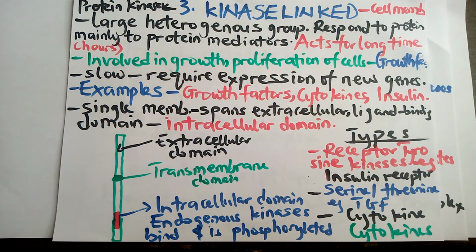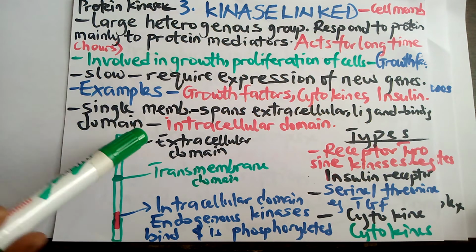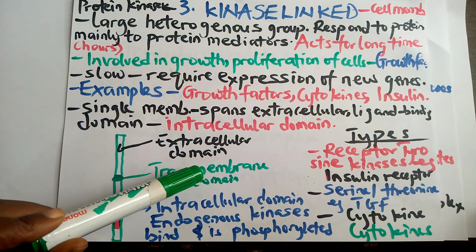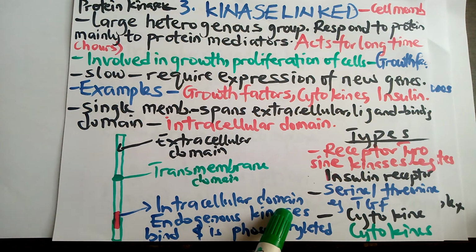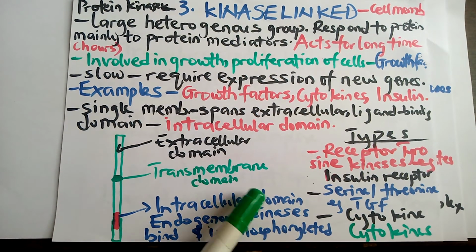This is a diagram for a kinase linked protein. You have the extracellular domain, the transmembrane domain, and the intracellular domain. It is the intracellular part that the endogenous kinases bind to.